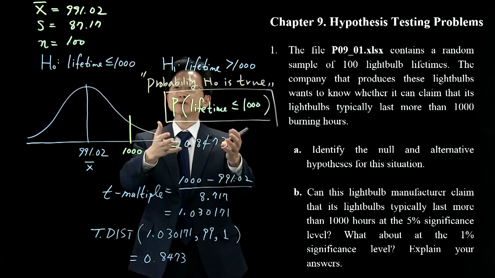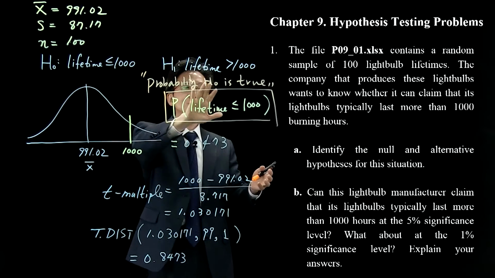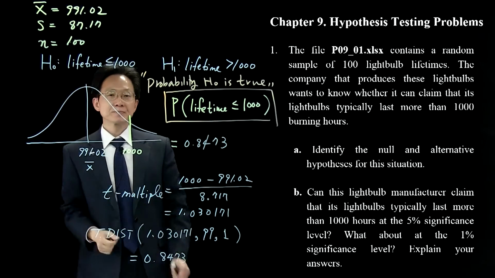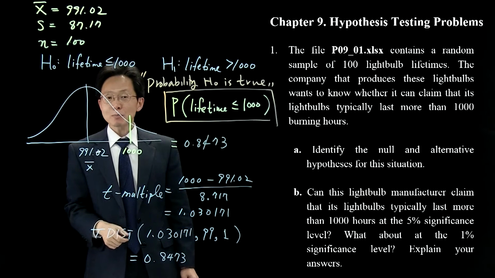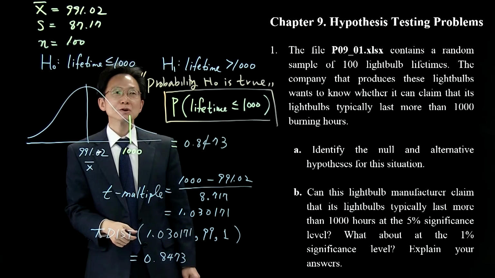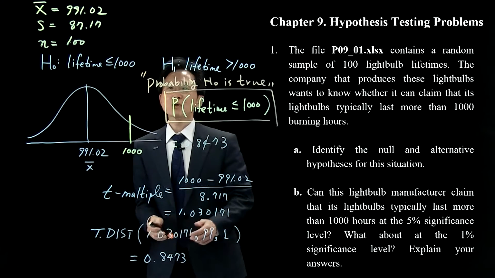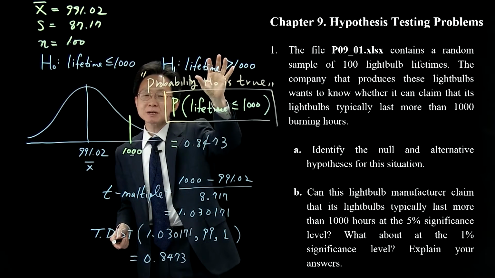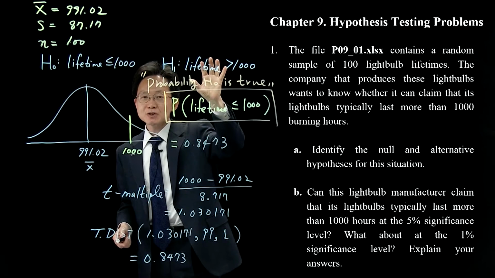In other words, the evidence for H0 is true is so strong, so I cannot reject this hypothesis. And therefore, somehow that implies that my alternative hypothesis cannot be sustained.